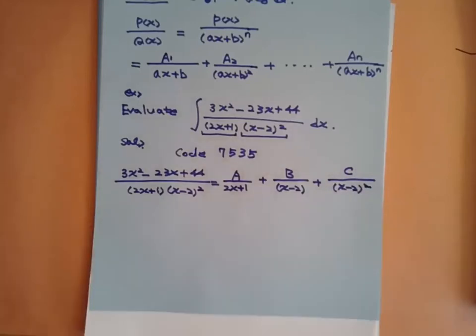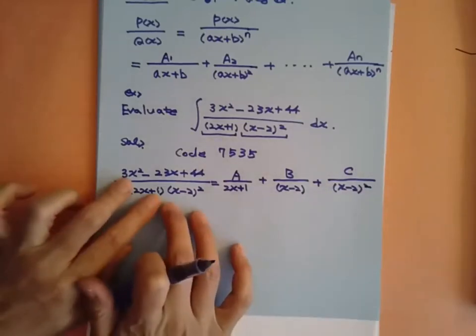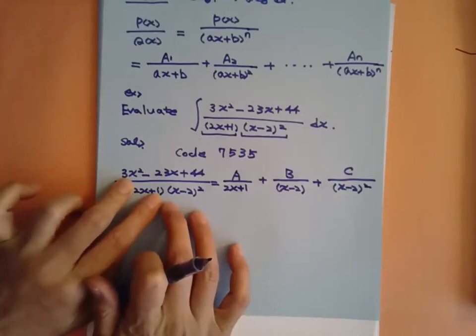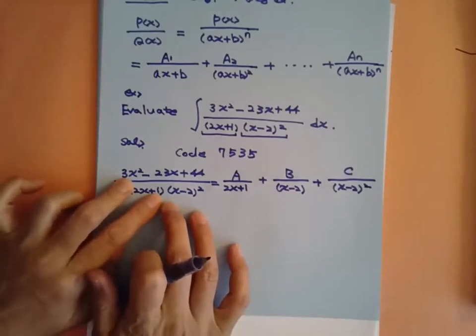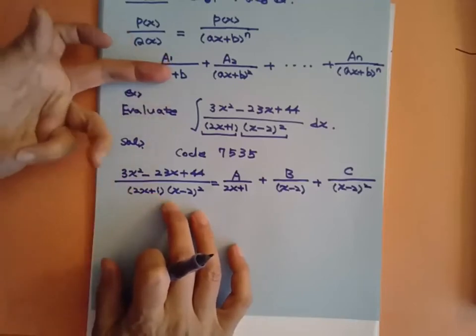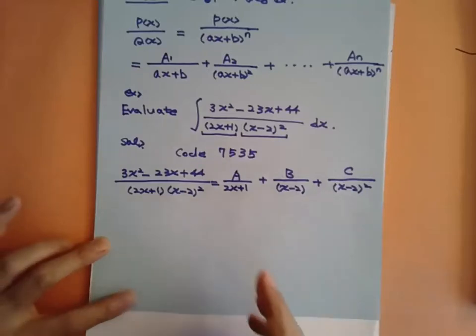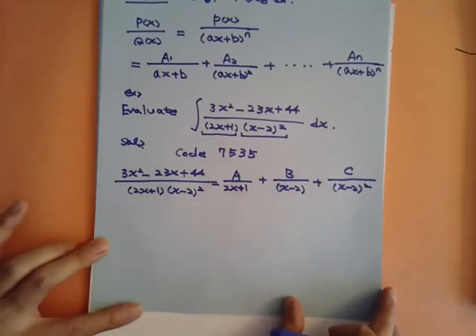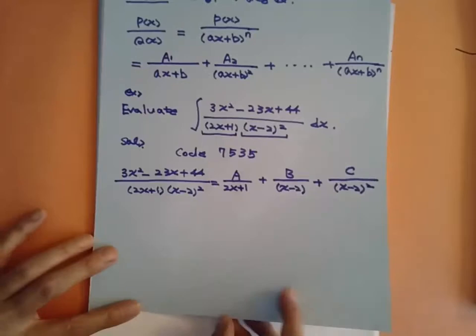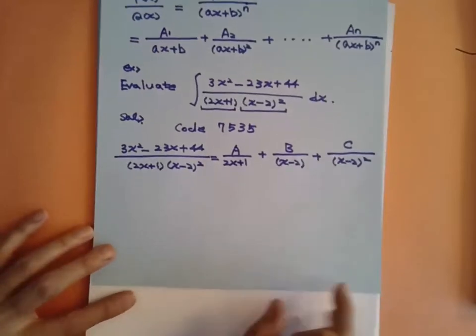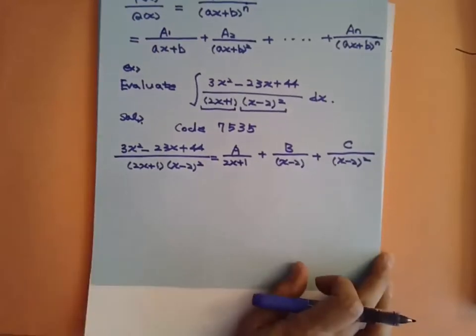That means we will split the different factor, but if one of the factors is raised to the power, then we apply this rule. And so we start with the lowest degree to the highest degree. And then the remaining step will be the same.